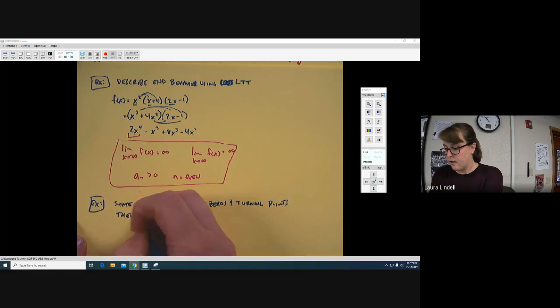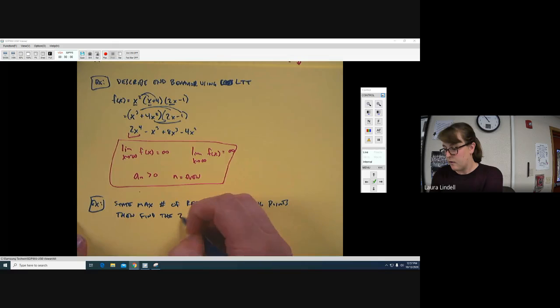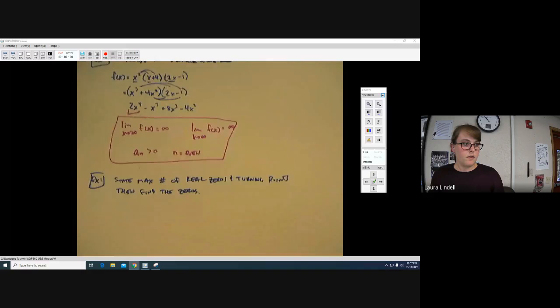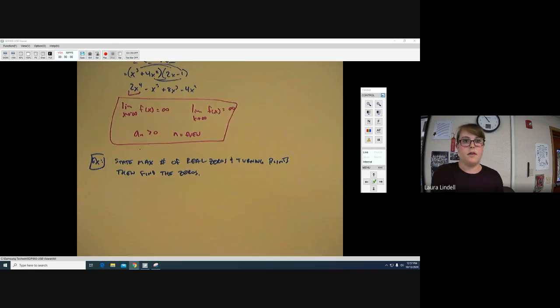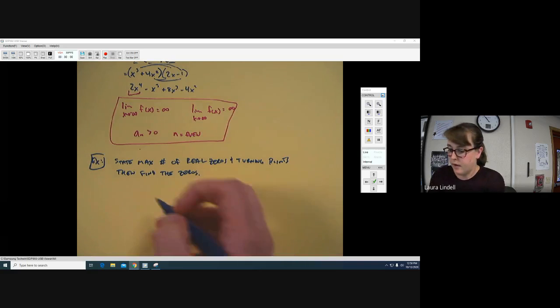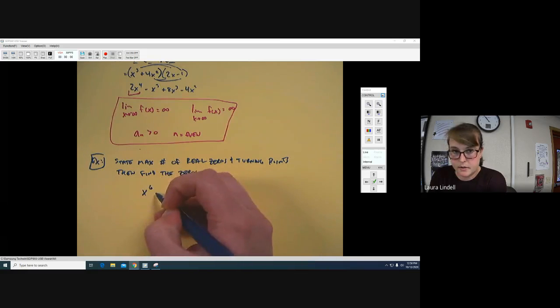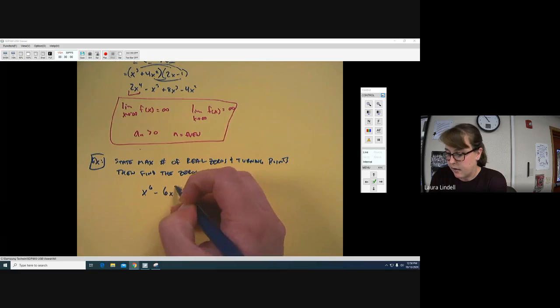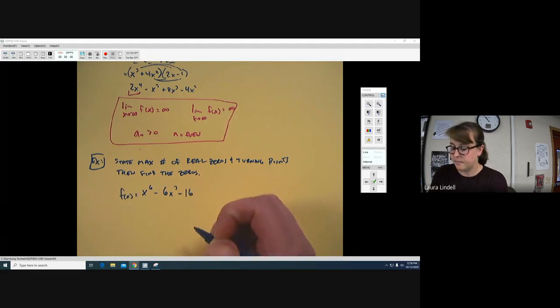Then find the zeros. Okay, so we could see something like that with a function like x to the sixth minus 6x to the third minus 16.